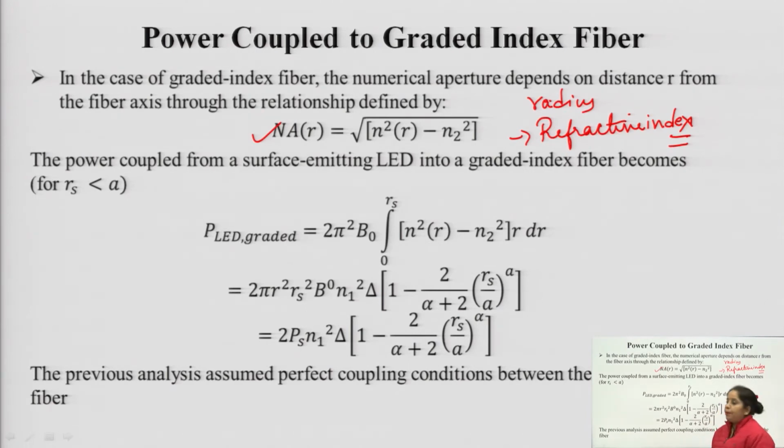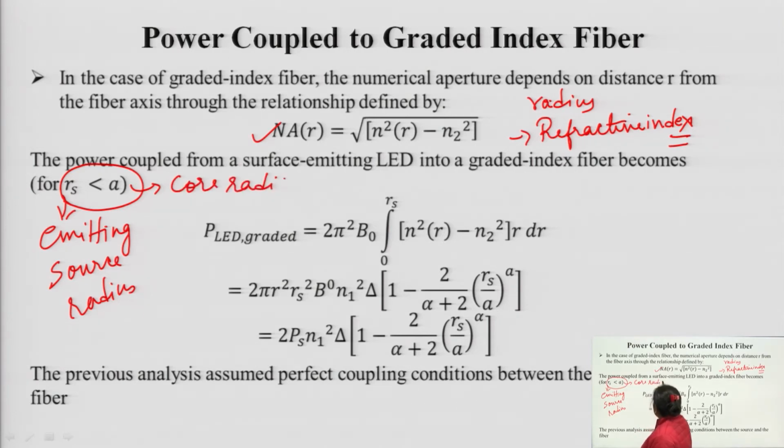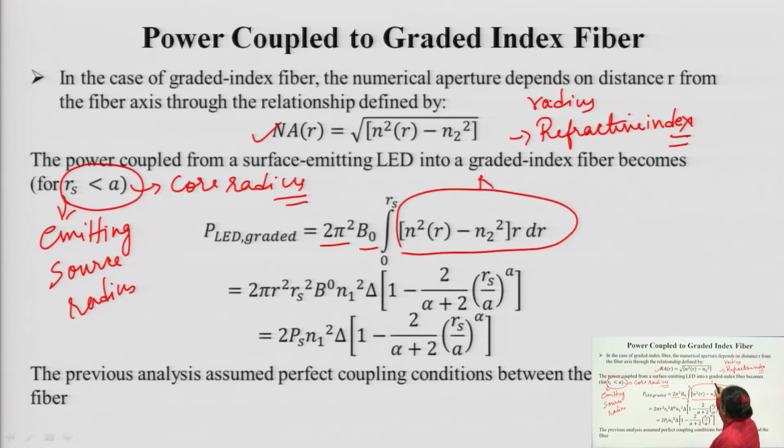So, the power coupled for Rs less than A, that is, emitting source radius greater than the core radius, in that case is 2 pi square B naught, and we take the NA square.